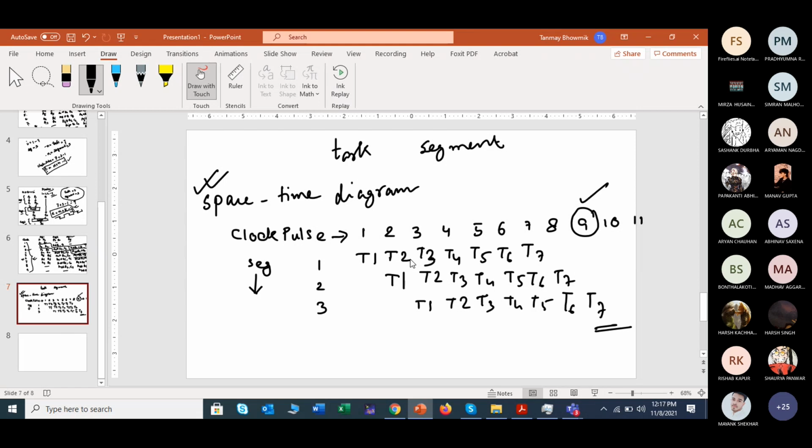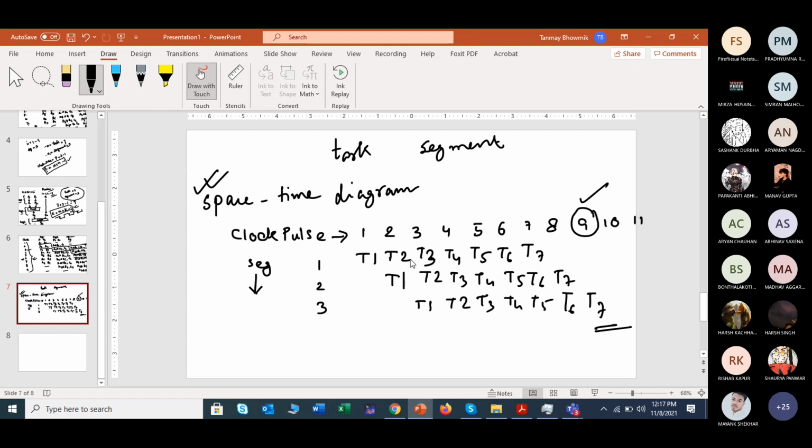In different books it is represented in different formats and patterns. In internet sources, you can also see that they have represented the segments in the horizontal direction and the tasks in the vertical direction. You can do anything, no problem. Just keep in mind that you have managed it properly. Personally, when I try to write segments in a horizontal direction and pulses in a vertical direction, it is quite complicated for me, because at that time your representation will be like this.